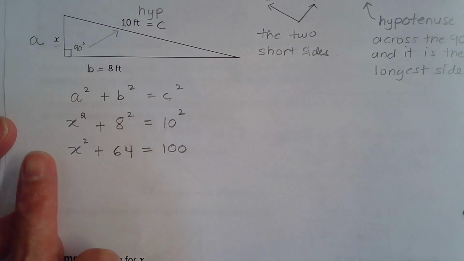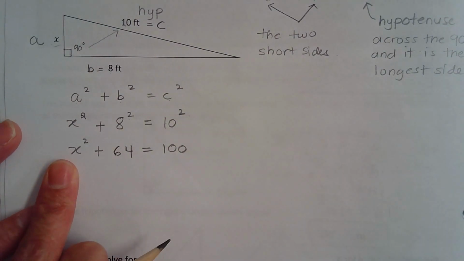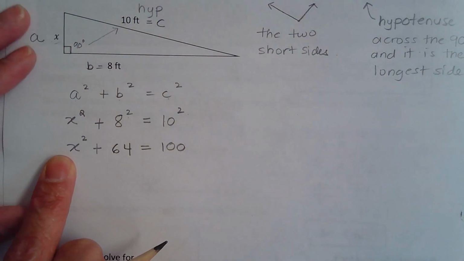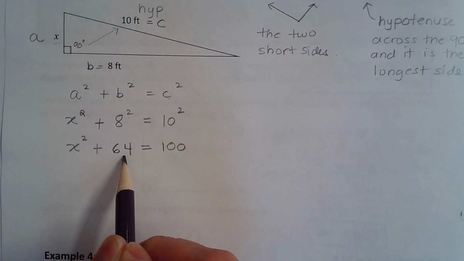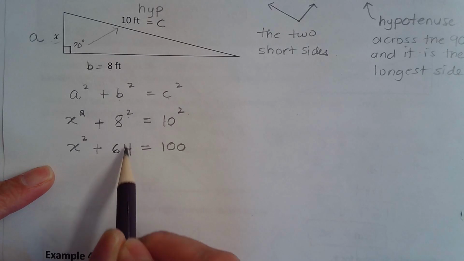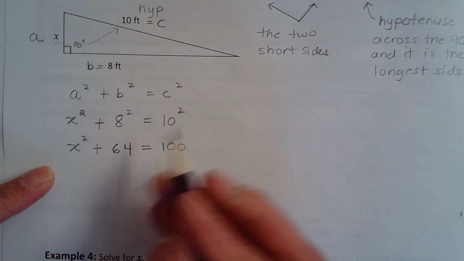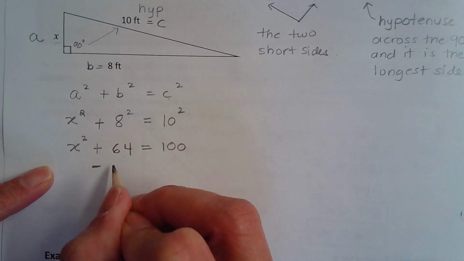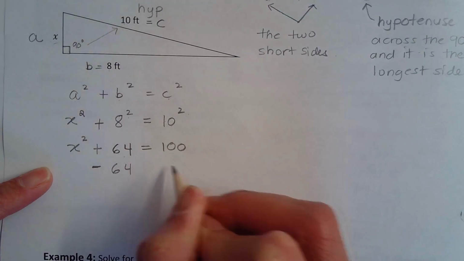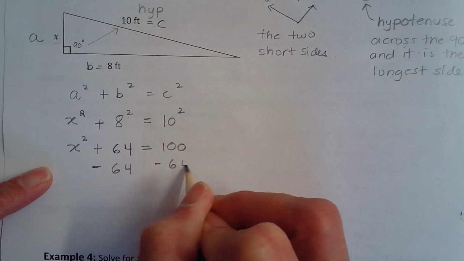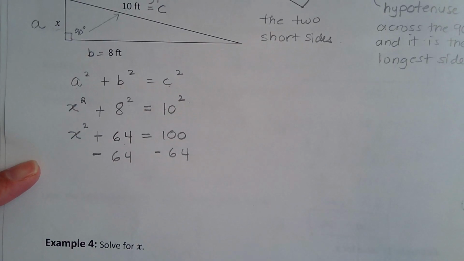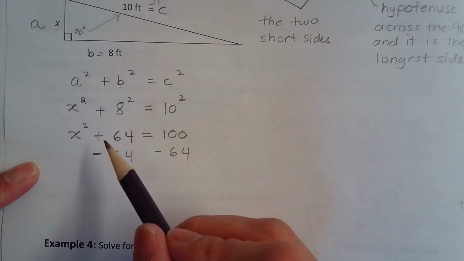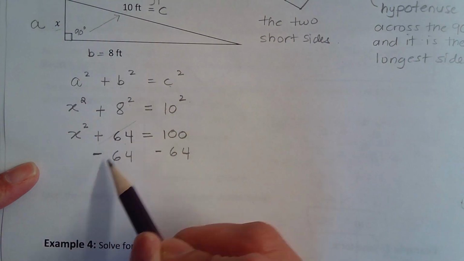We're trying to solve for x, so how do we get the x alone? Okay, x squared plus 64. How do we do that? Well, let's get rid of the plus 64. That's going to be minus 64 on each side. So that cancels.